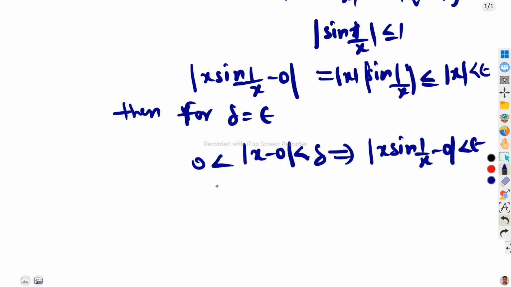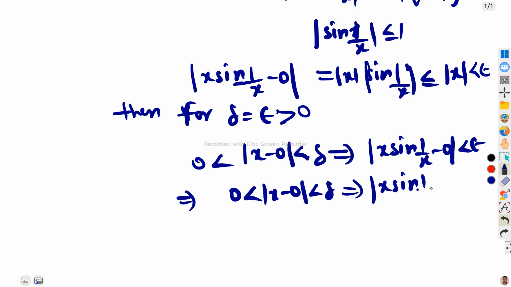So what we have shown is that for 0 < |x - 0| < delta, with delta equal to epsilon greater than 0, |x sin(1/x) - 0| is less than epsilon. We have shown that if x goes arbitrarily close to 0, then the value of the function lies in the neighborhood of 0.